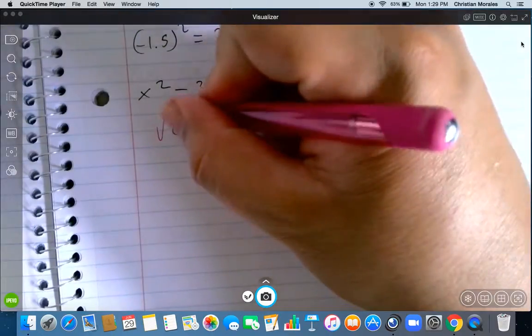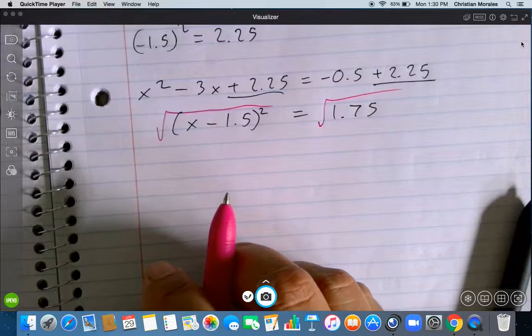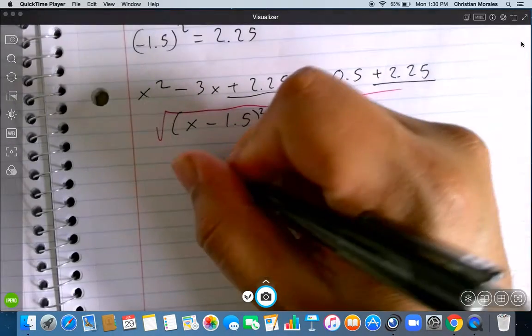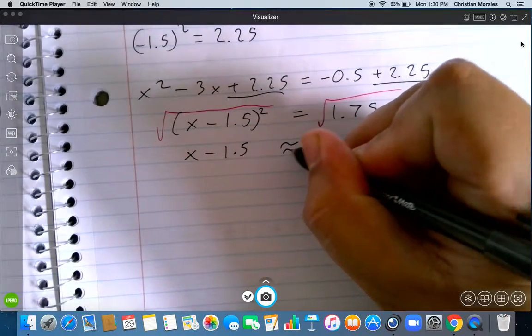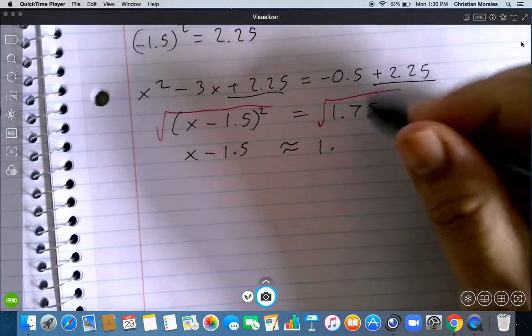I'm gonna take the square root of both sides. So let me put that in my calculator. Taking the square root of 1.75. I'm gonna have to round it again. So again, I'm not gonna have an exact answer. I'm gonna have an approximate answer. So I'm gonna use a wavy approximate sign. I get 1.32.